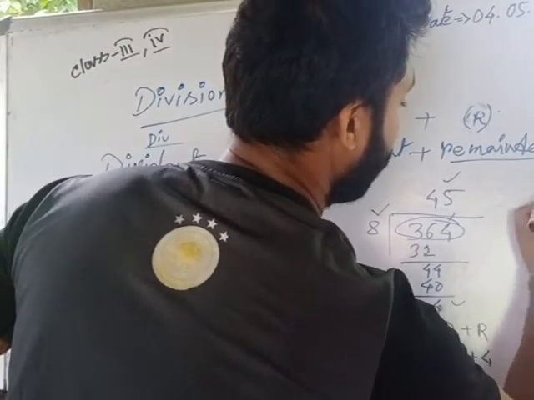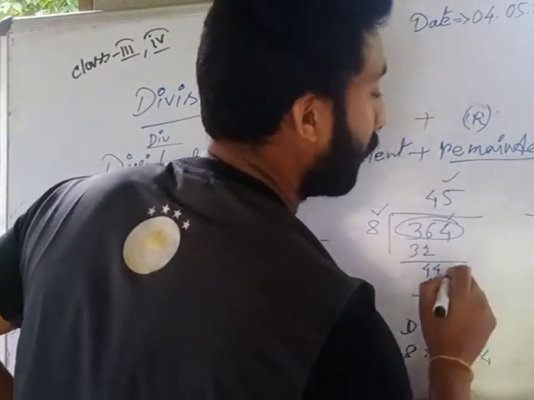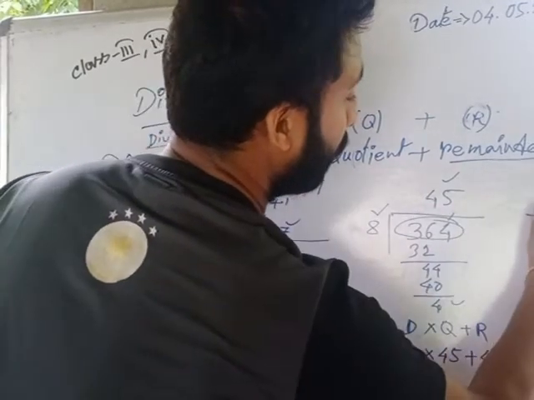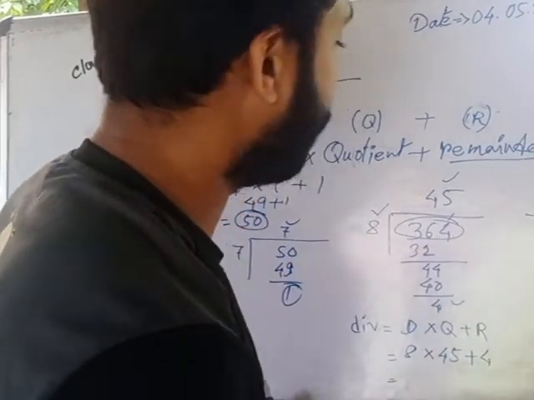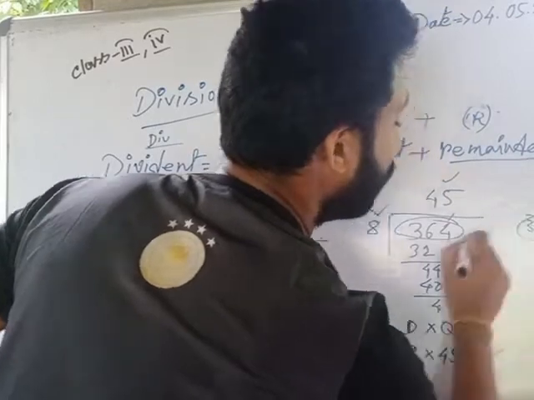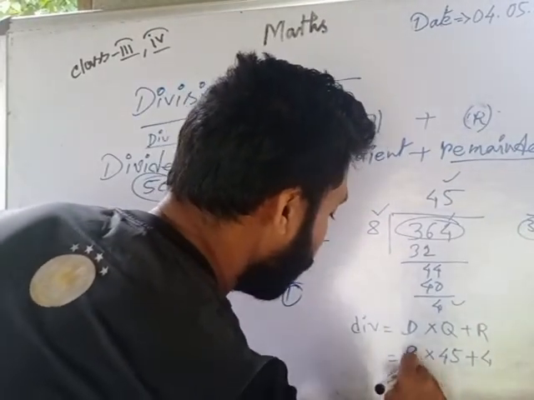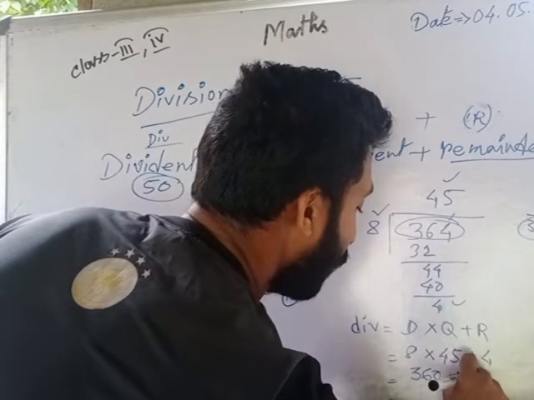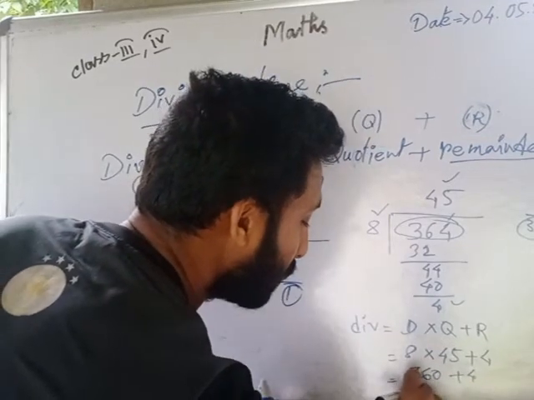45 multiplied with 8. 5 eights are 40. That means we should write here 0. 4 carries to the next place. After that, 4 eights are 32 plus 4, that is 36. That means it is 360. So we write 360 plus 4 as the remainder. 360 plus 4, that is 364.